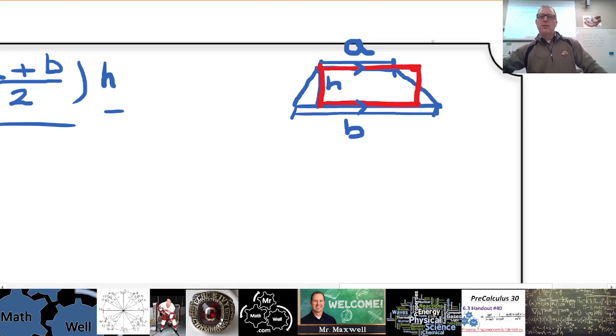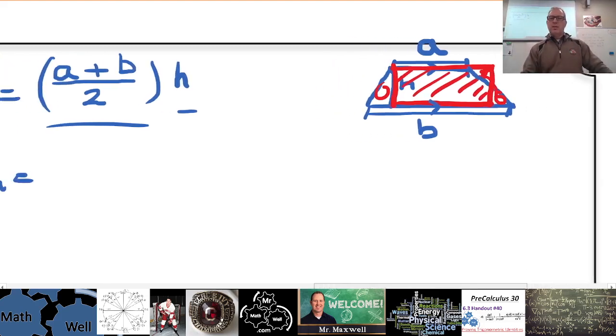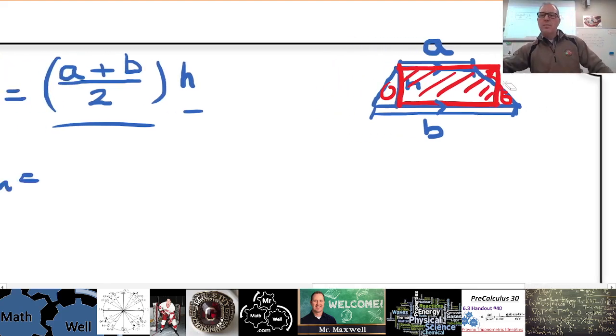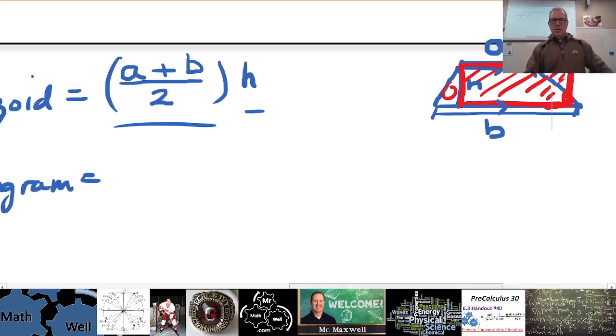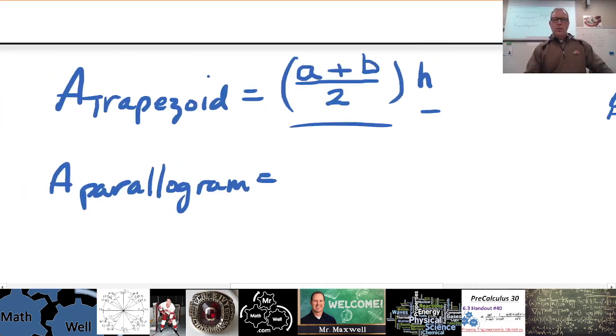So this rectangle, you take this piece and you put it in there, and you take this piece and fit it in there as well, and then you've got an equivalent area. So you take the average of A and B multiplied by height, and you're making, that maybe rectangle is a little bit small, but you're making a rectangle that has the same area by taking the average of A and B. Okay, what else? Oh, any questions about that?